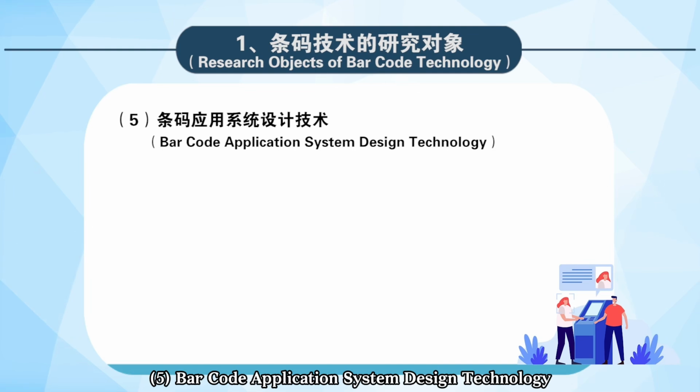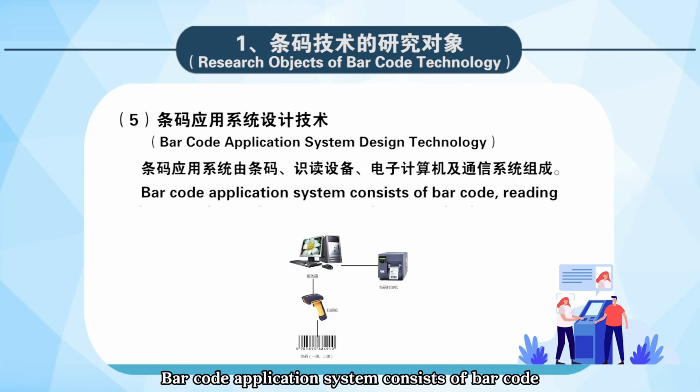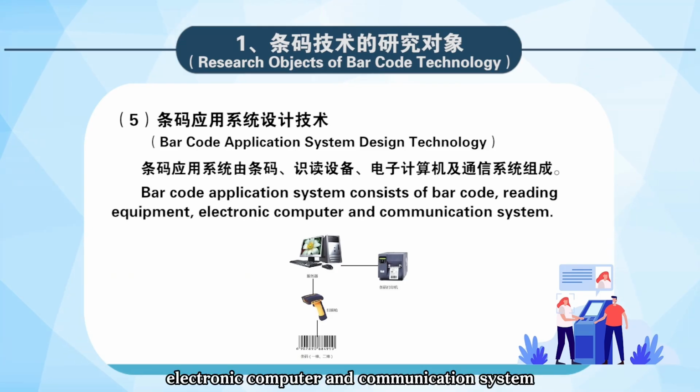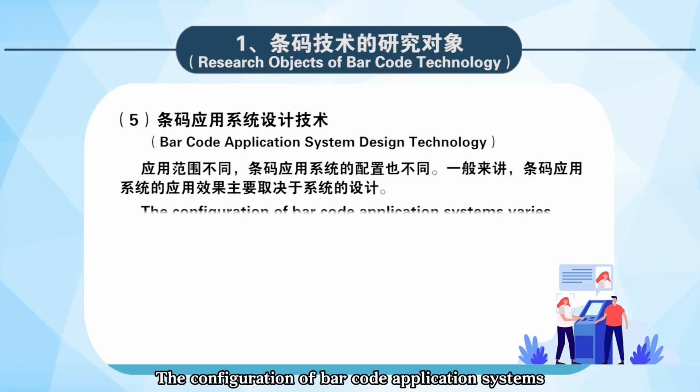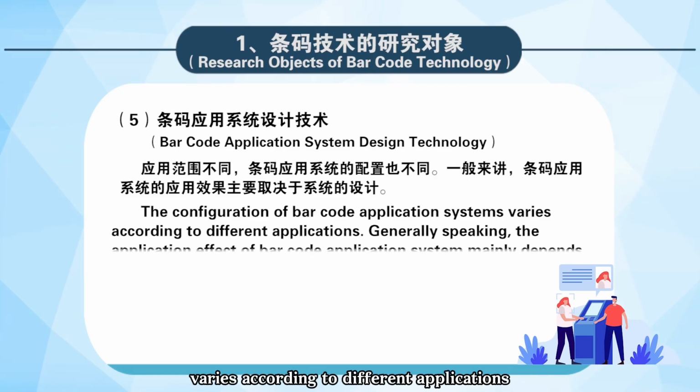5. Barcode application system design technology. A barcode application system consists of barcode, reading equipment, electronic computer, and communication system. The configuration of barcode application systems varies according to different applications.